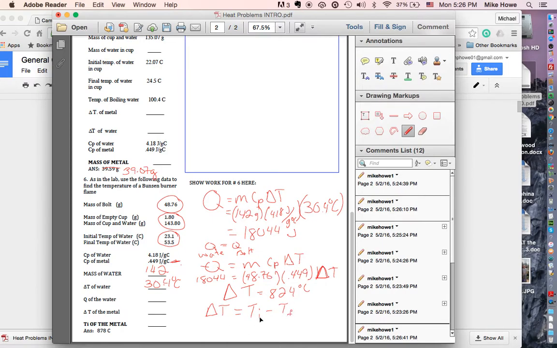Or, if I add T final to both sides, Ti is equal to delta T plus the T final. And take that up here. So delta T was 824.